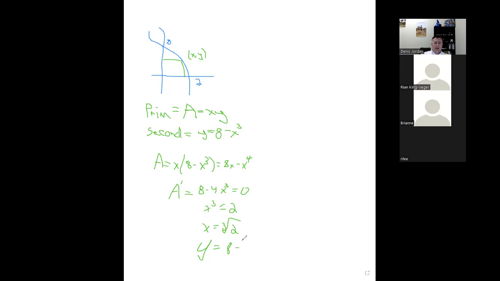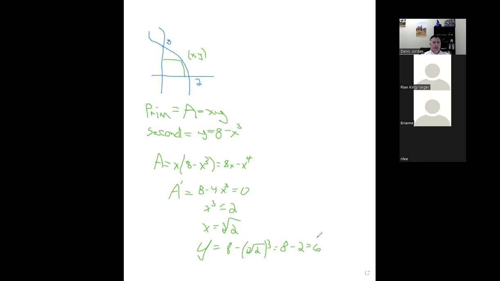And stick in the x value that you just found. So your y value comes out as 6.